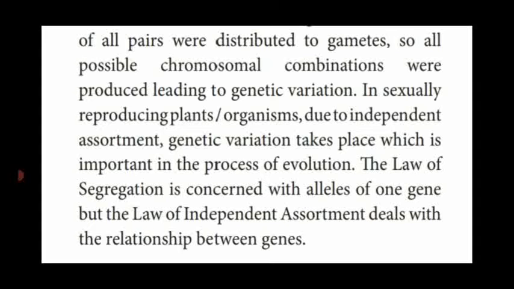The parental characters are only expressed in the F2 and F3 generation. Example, monohybrid cross. But in the dihybrid cross, the alleles expressing the characters independently join together to form a genetic variation, which leads to evolution.